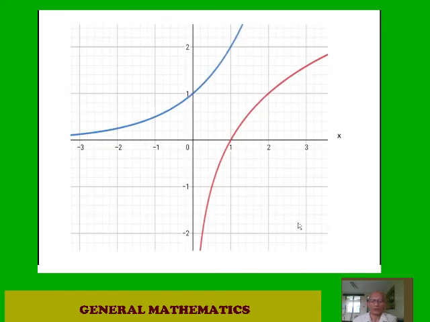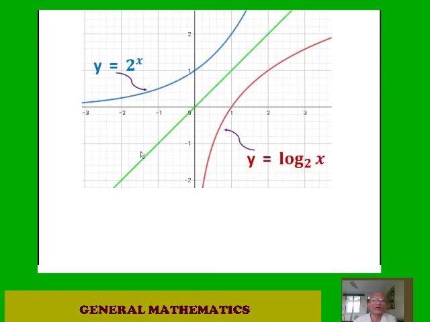Now, this is the graph of y equals 2 to the power of x, and this one, the graph of y equals log x base 2. Take note that their graphs are exactly a reflection when we construct the line y equals x.